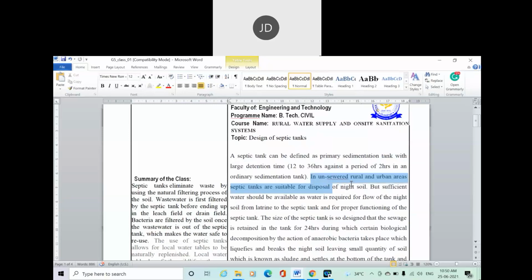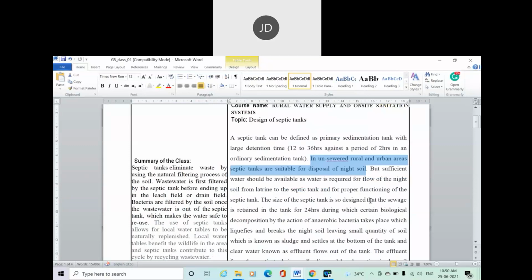In unsewered rural or urban areas, septic tanks are suitable for disposal of night soil. But sufficient water should be available, as water is required for the flow of the night soil from the latrine to the septic tank.